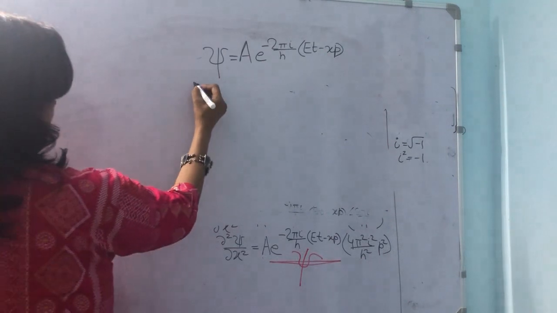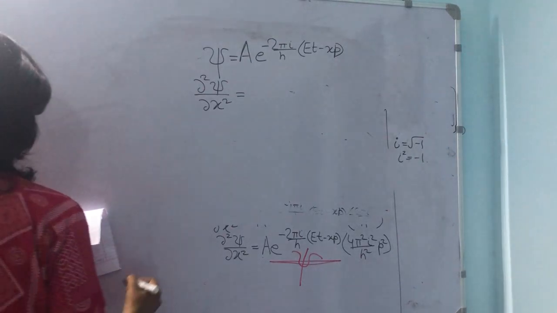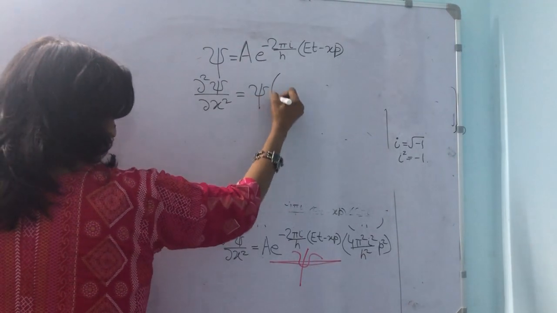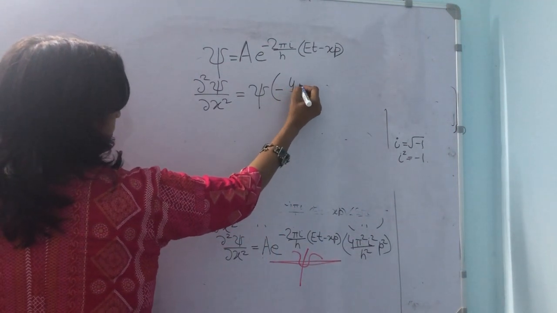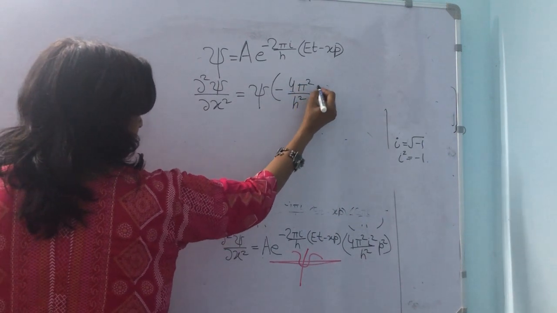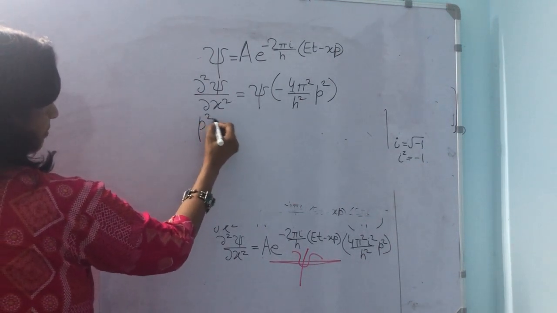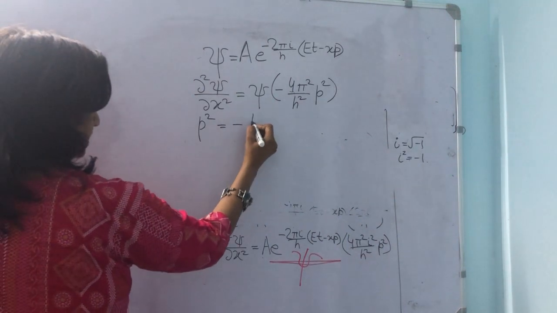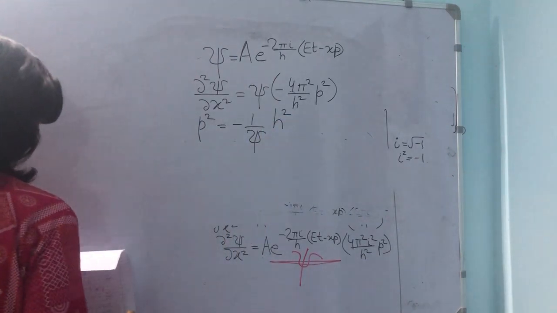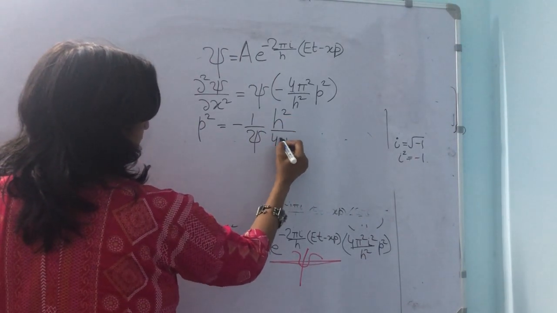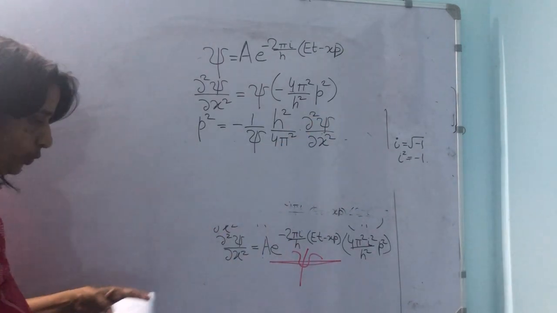So this becomes del 2 phi by del x2 is equal to phi into i square, giving minus 4 pi square upon h square p square. Now p square becomes equal to minus 1 upon phi, h square upon 4 pi square del 2 phi by del x2.